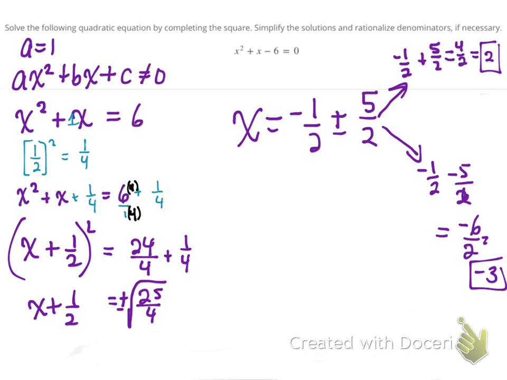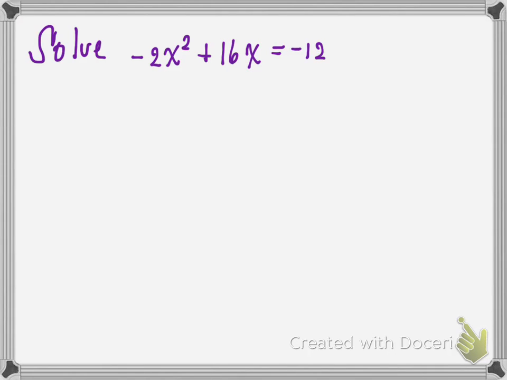Okay, now I just have one more example I want to share with you. I'm not going to complete the whole example, but we haven't talked about an equation when the a is not 1. Let's take a look here. Suppose I want to solve negative 2x squared plus 16x equals negative 12.